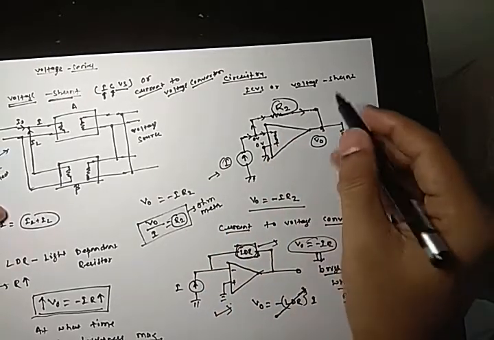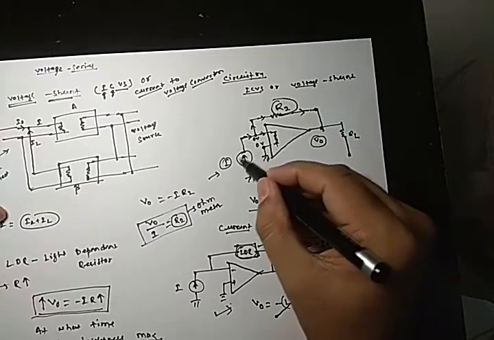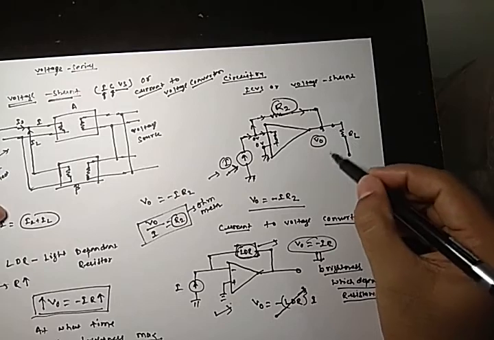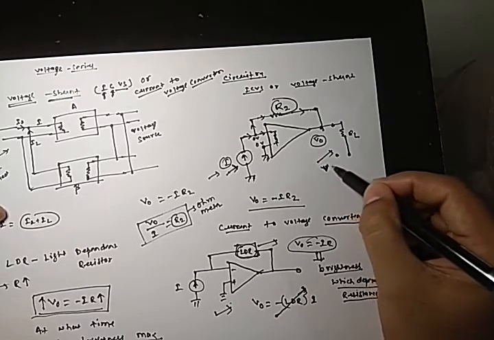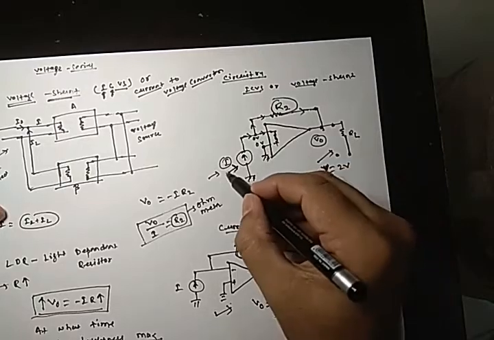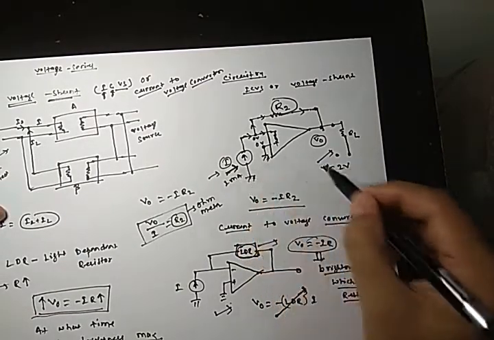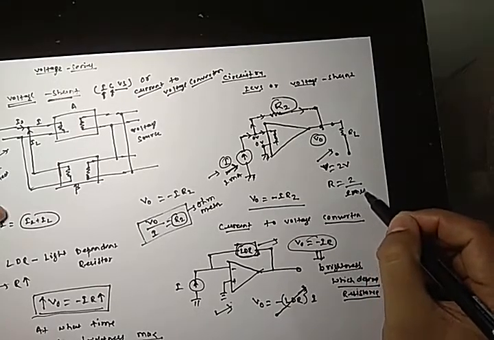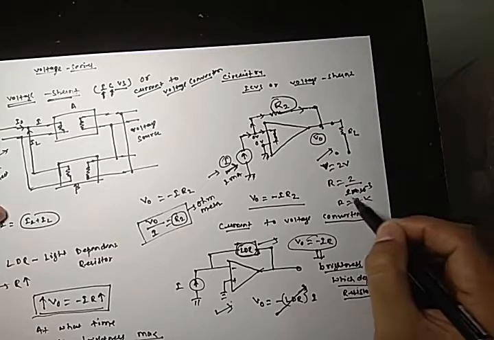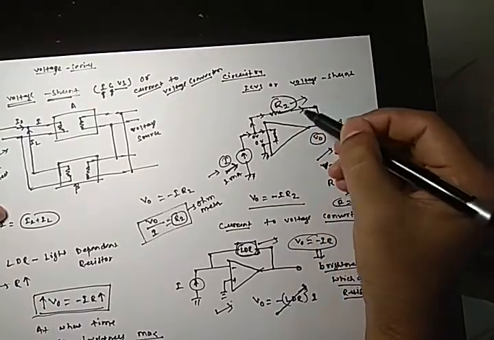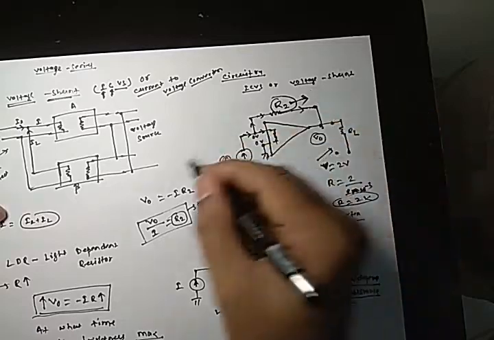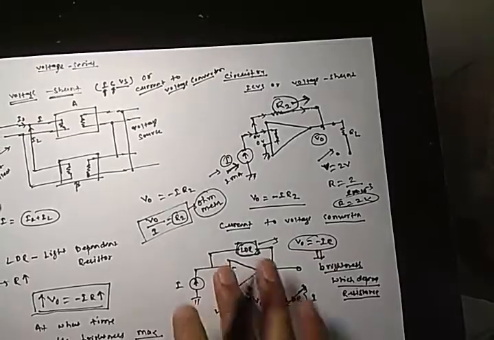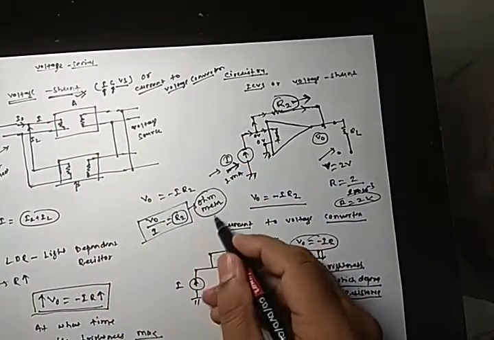With the help of an ammeter, we know the I we are sending, and with the help of a voltmeter or multimeter we see what the voltage is. Suppose this is 2 volt we are getting, and we have applied 1 milliampere, so R will be 2 by 1 milliampere, 1 into 10 to the power minus 3, so R will be 2k. So in this way we can know the R. This is an unknown resistance, so knowing the unknown resistance can be done by an ohm meter. So in case of voltage shunt we have made an ohm meter.